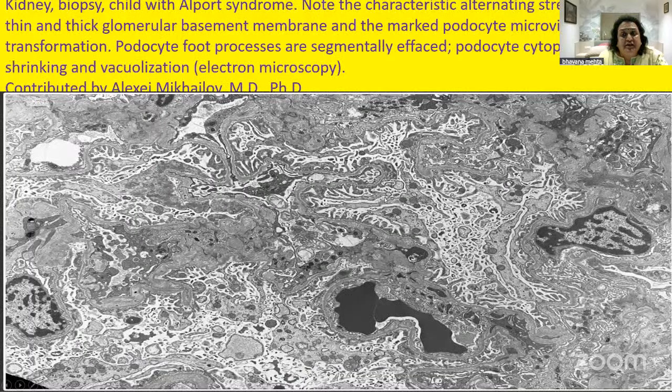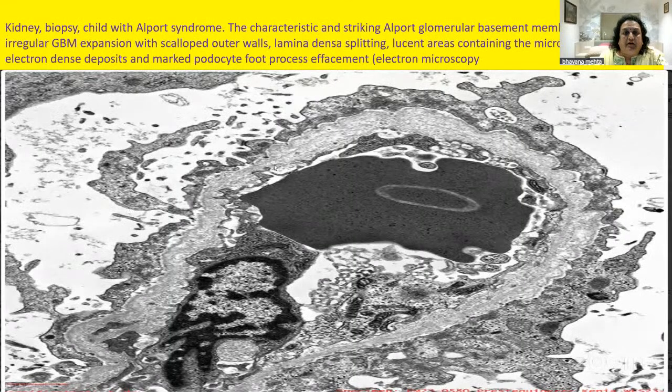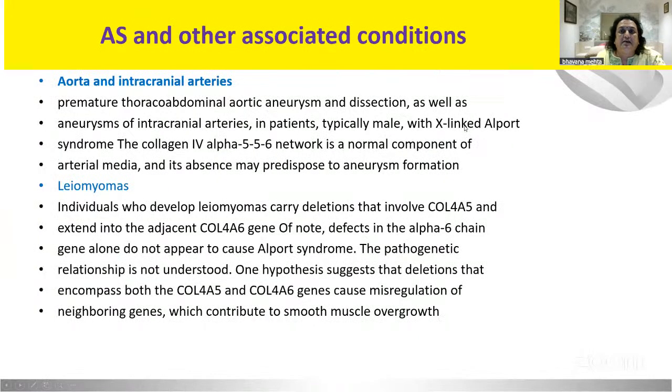There will be additional effacement of the podocytes as well as microvillus formation. Again, here on high power we can appreciate the lamellation of the basement membrane and truncation of the lamina externa, and there will be microvillus formation. So these are the different changes on electron microscopy in a patient with Alport syndrome.